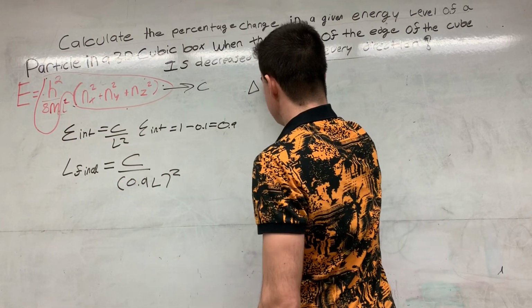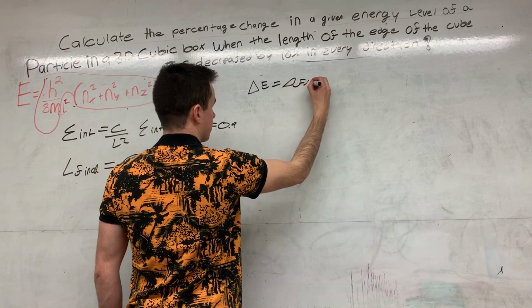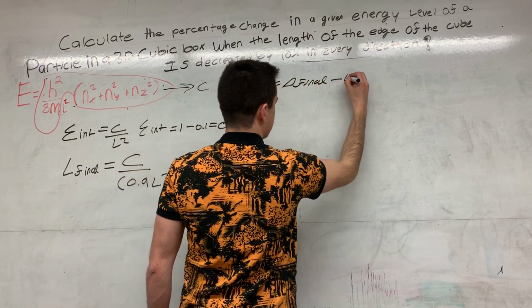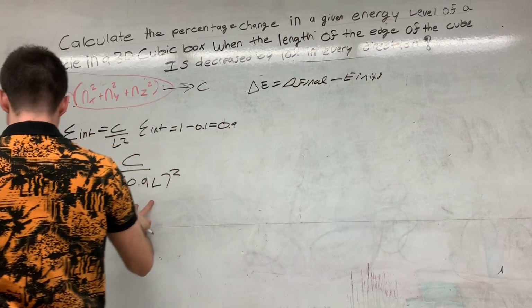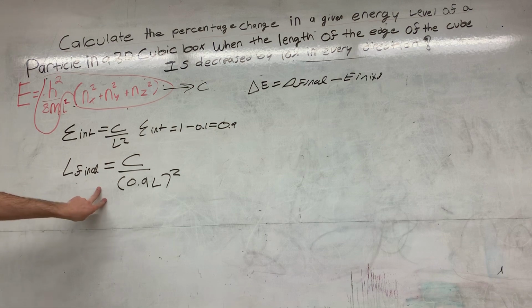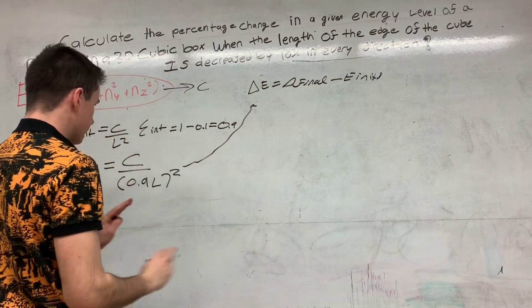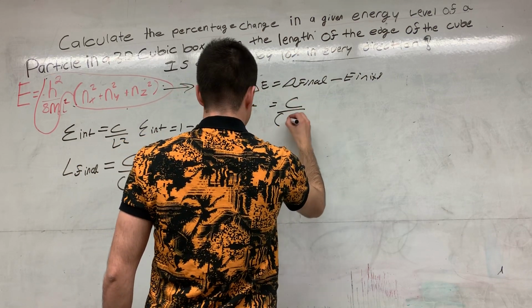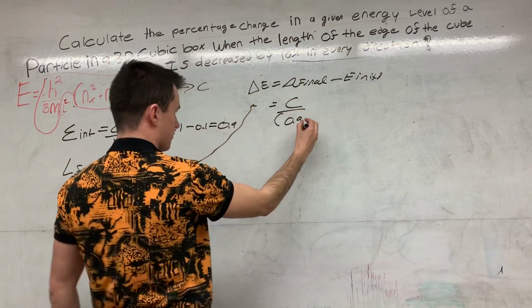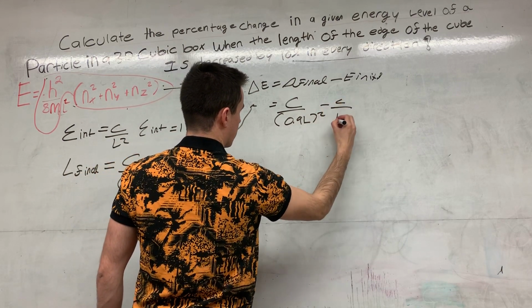And now we want to find the change in energy level. Therefore, delta E equals E final subtract E initial. Now we are going to plug our two lengths, the final length and the initial length, into up here. Simple, straightforward, would be C over 0.9 L squared minus C over L squared.